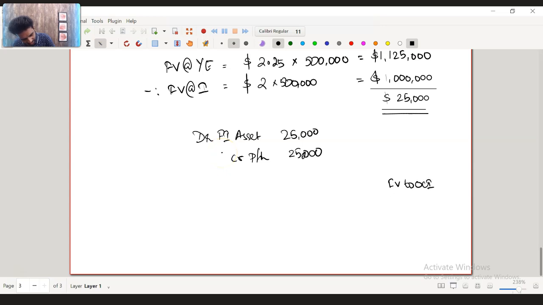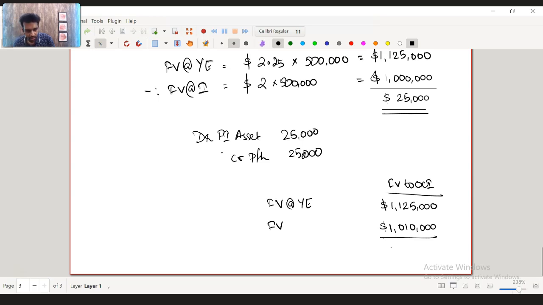then our fair value at year end will be $1.125 million minus fair value at initial investment, which will be $1,010,000. So then the difference would be close to around $115,000.